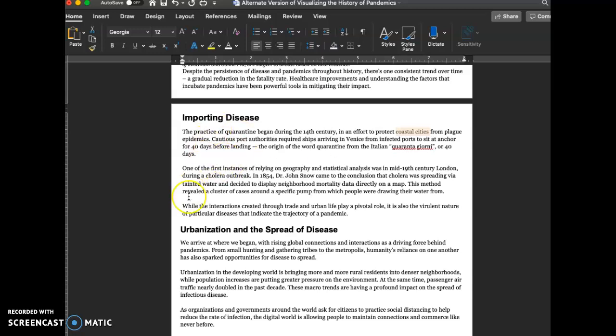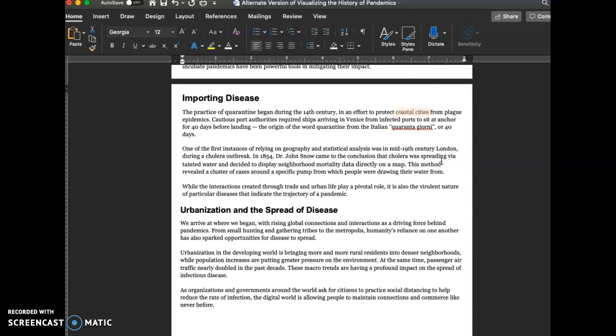So what that means is that the ship would have to anchor a certain amount of space off the coast, and no one would be allowed off the ship for 40 days before it could actually dock at that coast or that port. The origin of the word quarantine comes from the Italian quaranta giorni, or 40 days.